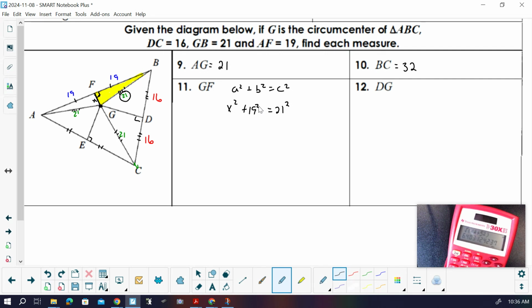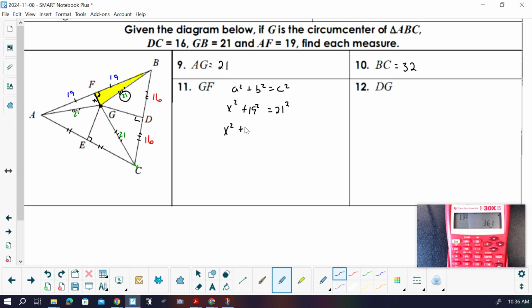Okay, so now we need to do 19 squared, which equals 361. 21 squared, I actually remember this one is 441. I always remember it because 12 squared is 144, and 21 squared is 441. I think that's interesting.